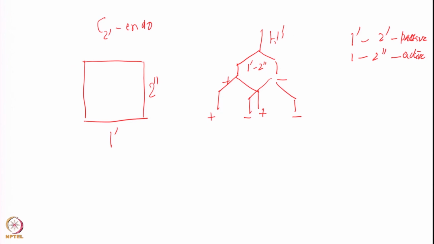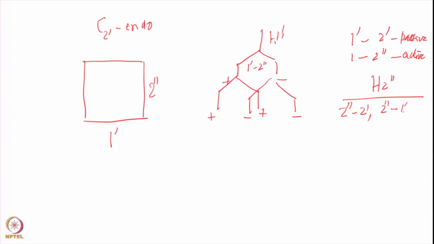Okay. Let us look at the 2 double prime peak. Now if I draw the 2 double prime peak here, H2 double prime, what are the coupling constants for this? It has a 2 prime 2 double prime coupling, 2 double prime 1 prime coupling and 2 double prime 3 prime coupling. Now this one has 3 couplings.